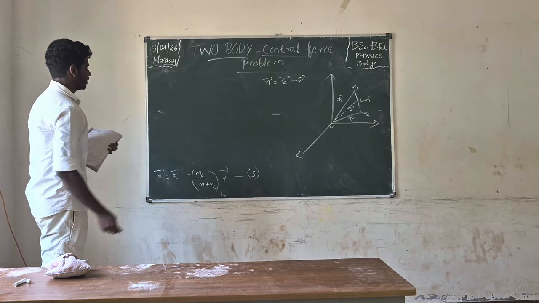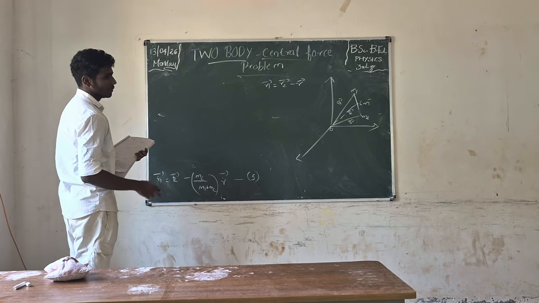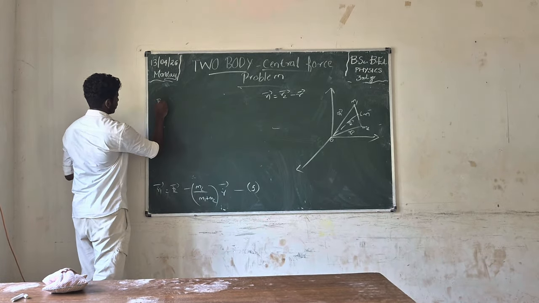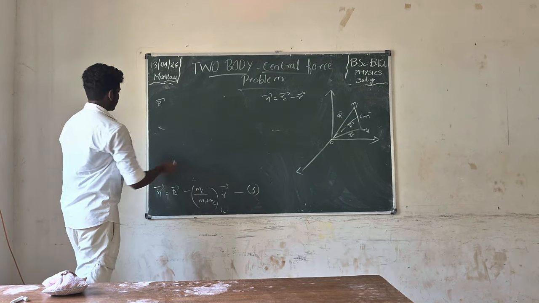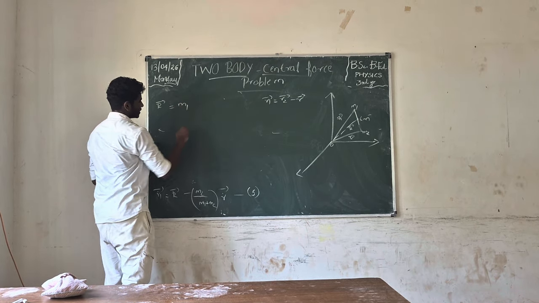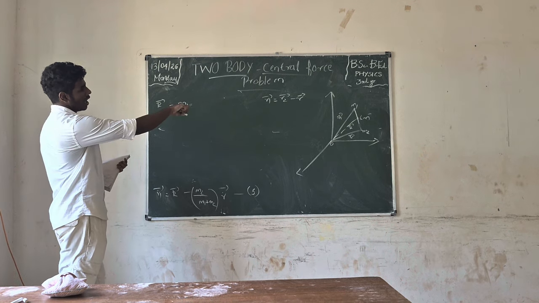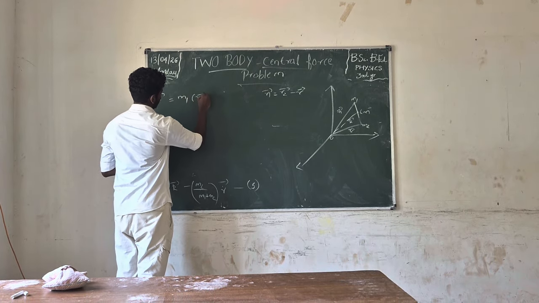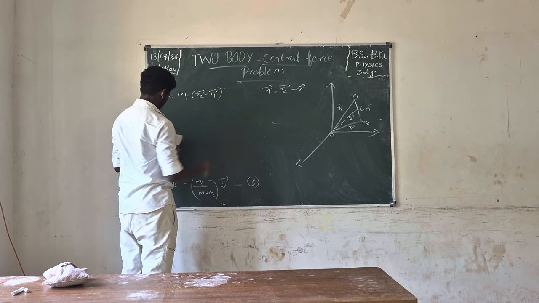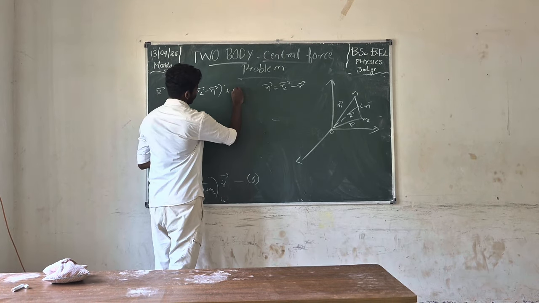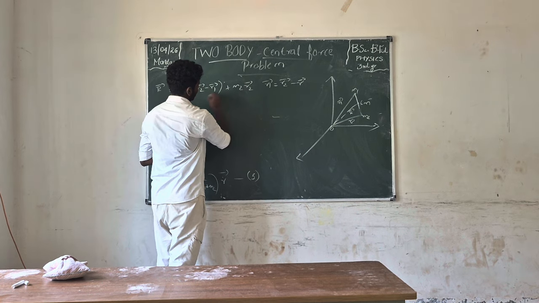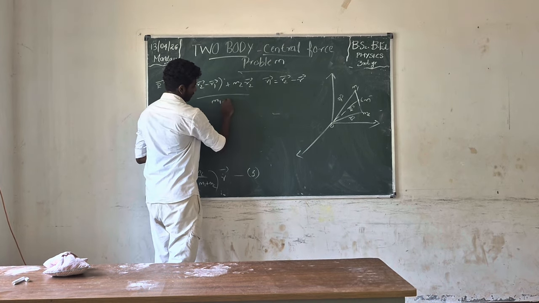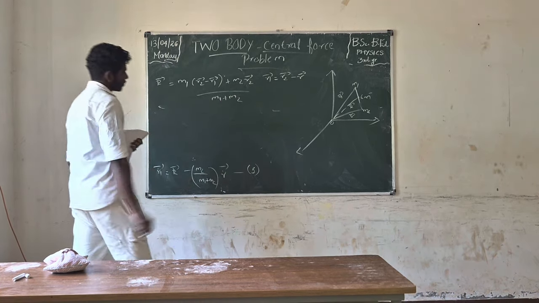We will substitute that in the previous equation, which is capital R equal to m1, and instead of r1 we write r2 minus r, plus m2 vector r2, divided by m1 plus m2.